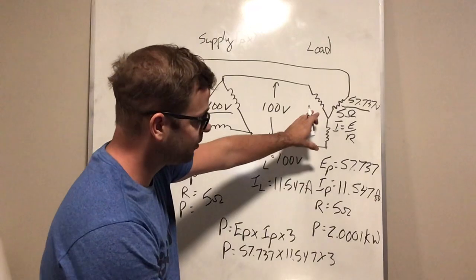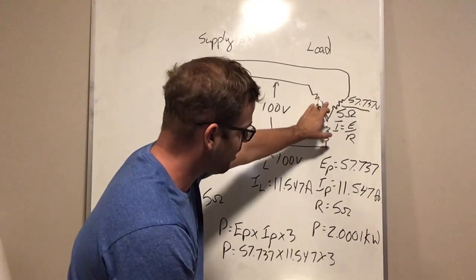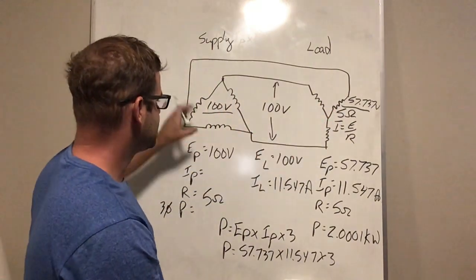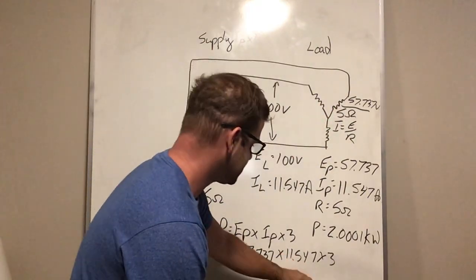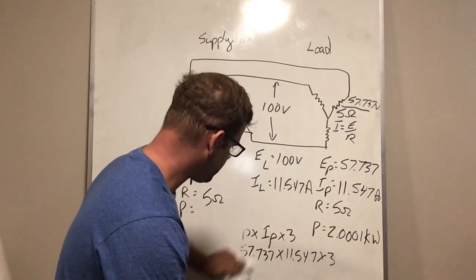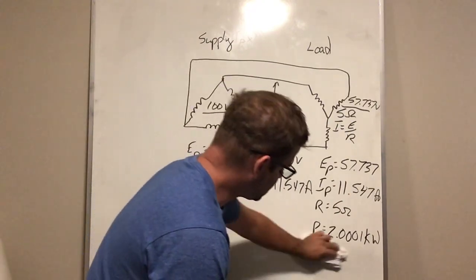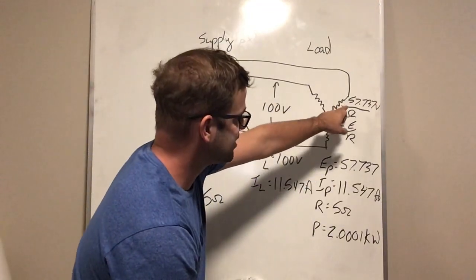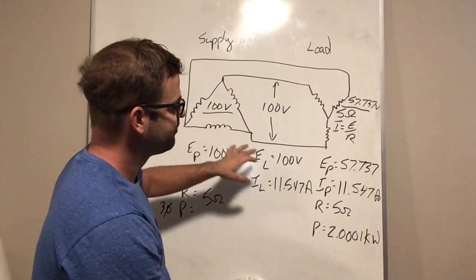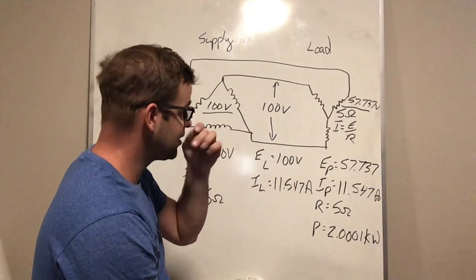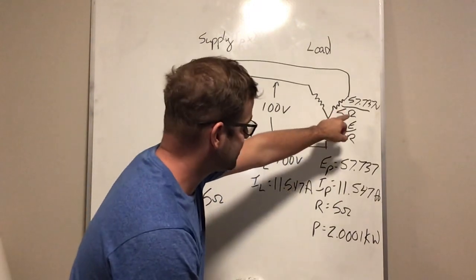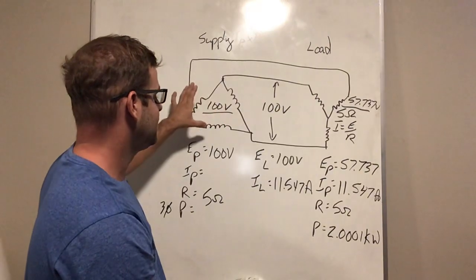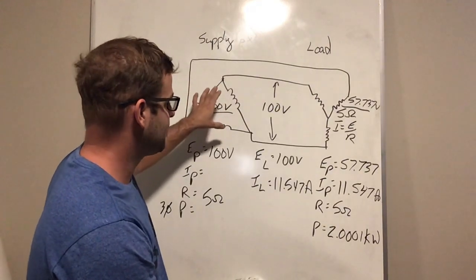And because I only have one load, my total power of 2 kilowatts will not only be seen at my load, it's also going to be seen at my supply. The difference with this, other than our voltages being different, so we have 57.737 and 100 volts, you should also be thinking that if my voltage is less here, that would mean there has to be a change in my current.